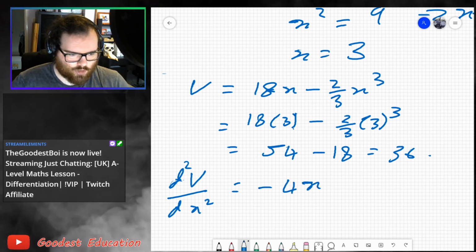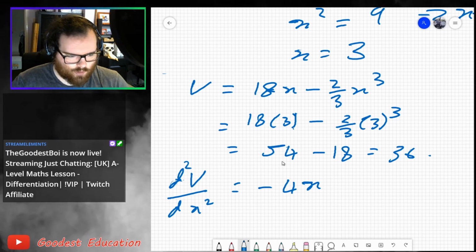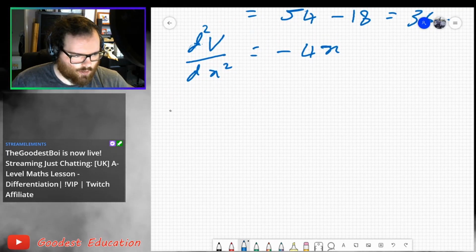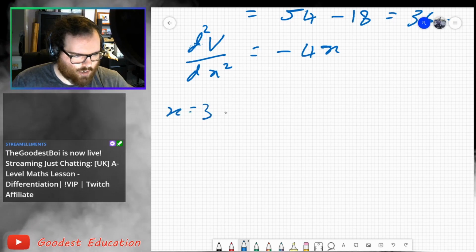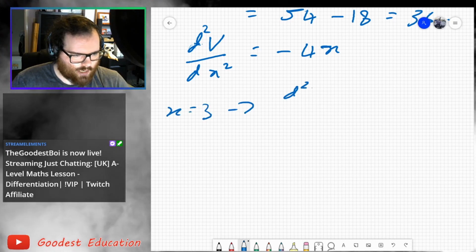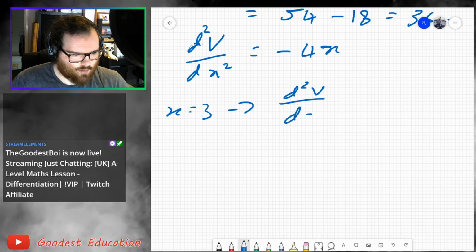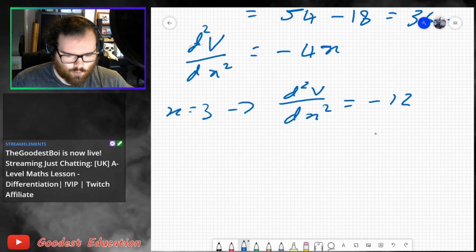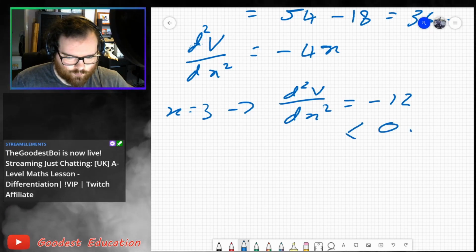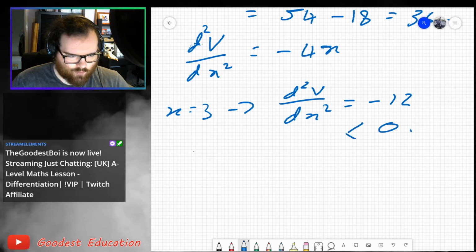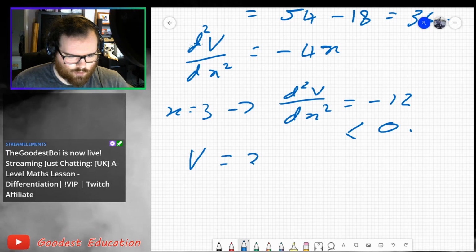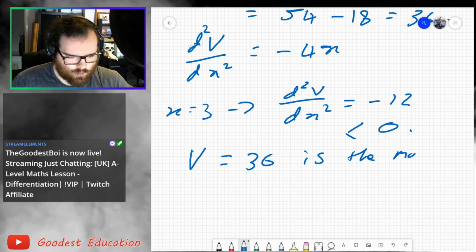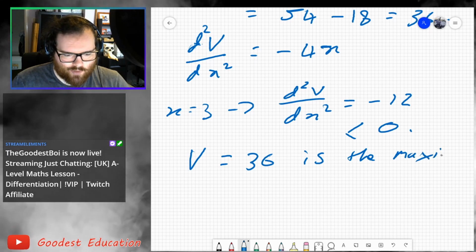So then we want to sub in our stationary point into here. Our stationary point was x equal to 3. Therefore, the second derivative is equal to minus 12, which is negative, which means that V equal to 36 is the maximum, which is what we would expect, but you've got to prove it.